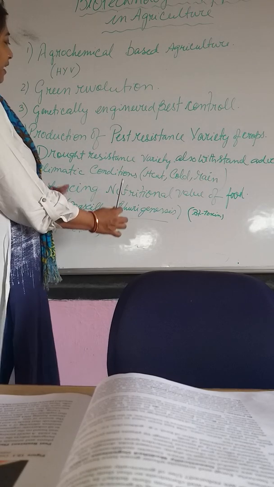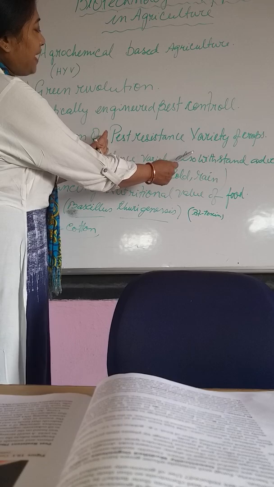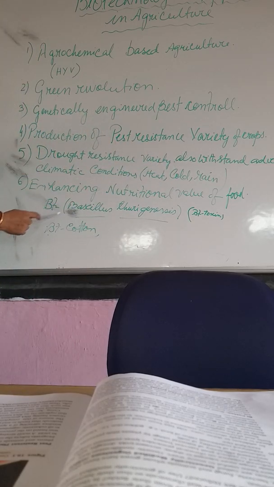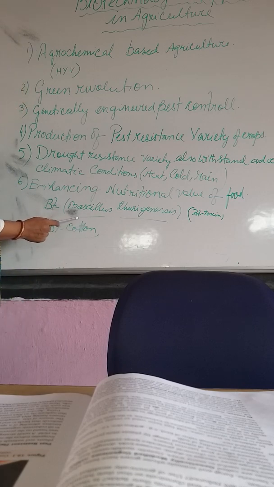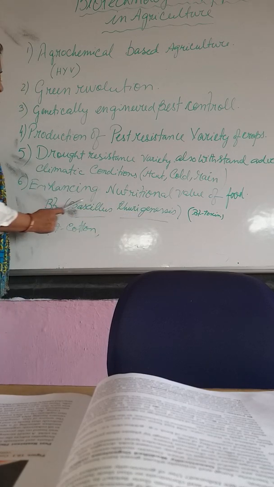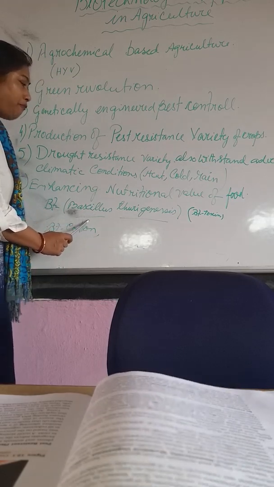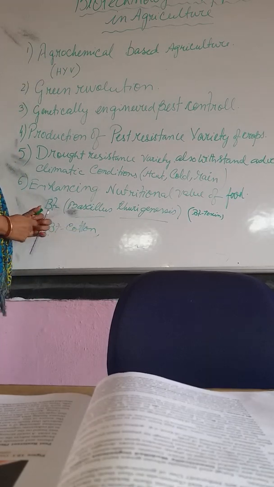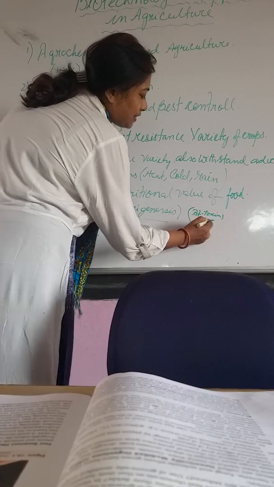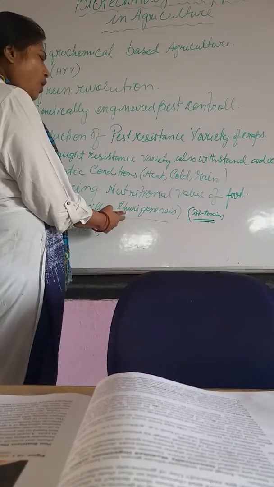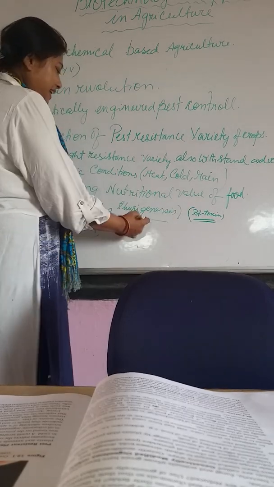Now see, our main focus is pest resistant variety. One bacterium that has been used is Bacillus thuringiensis. Bacillus thuringiensis has the property of producing toxin. Commercially it is known as Bt toxin. Now you may ask how it has toxin.